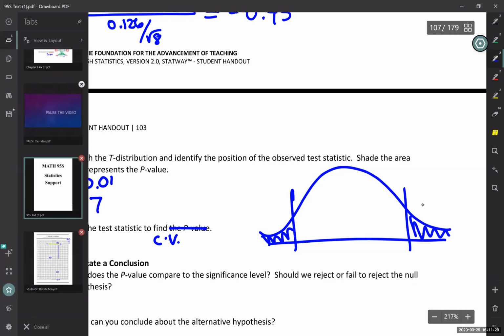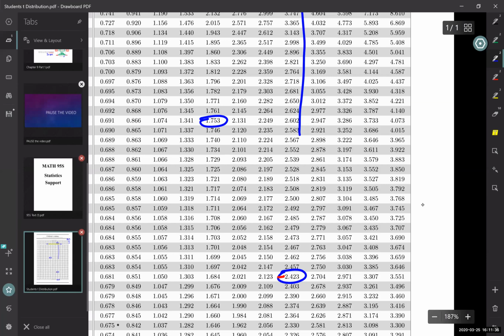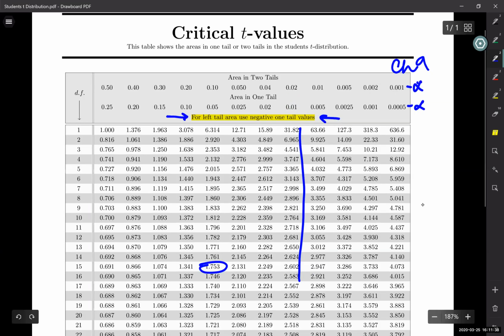So now that we go to the table, we're going to be focusing on the top. So we did right tail, we did left tail, and those differences. And now we're going to be doing the top because the top is the area in two tails.